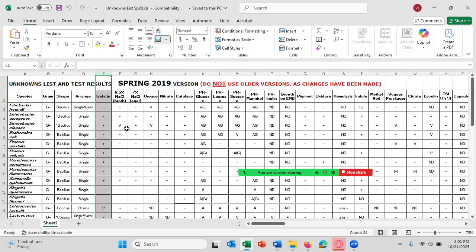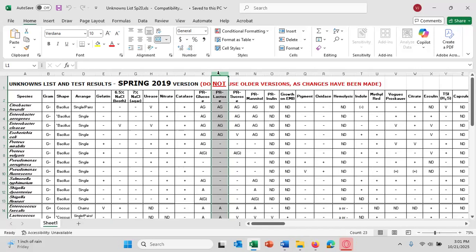And then I'm also going to send the PR lactose test just because it's a good test to run for at least most students. Some students, it doesn't give much results, but like I said, it's a good test for about half the students. Any question about that?